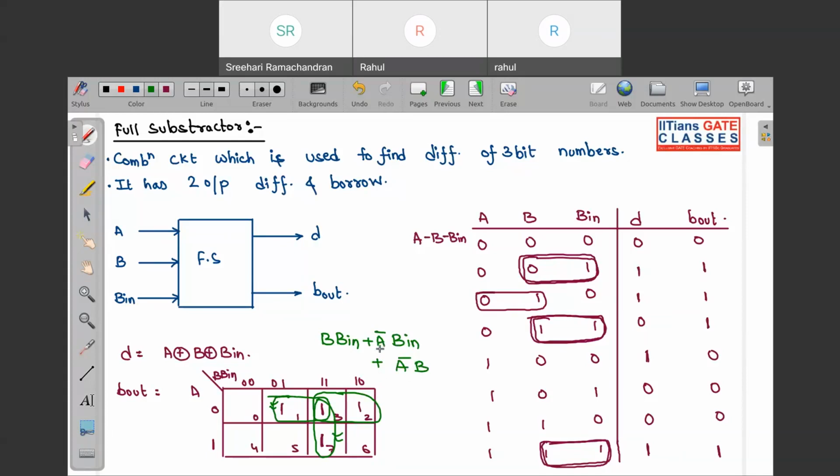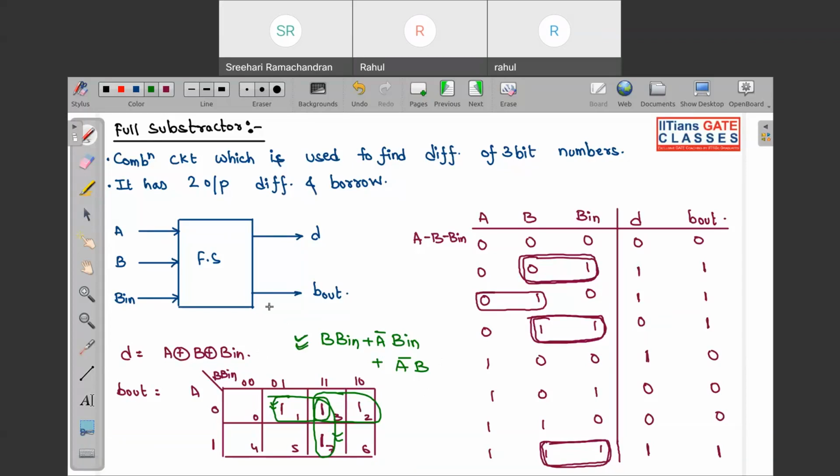So I had actually made a mistake last time writing. So I had written B in over here. Okay. So let me check once again. So this is B in. Okay. This is A complement B in, and this is again A complement B. Okay, fine. So this is correct. For A minus B, this is correct.